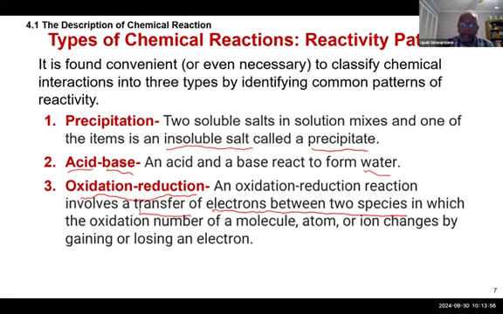You can look at the charges on the atomic particles and conclude that one atom loses or gains electrons. Normally, in the other types there is no charge transfer. Therefore, you can identify an oxidation reduction reaction from the first two.